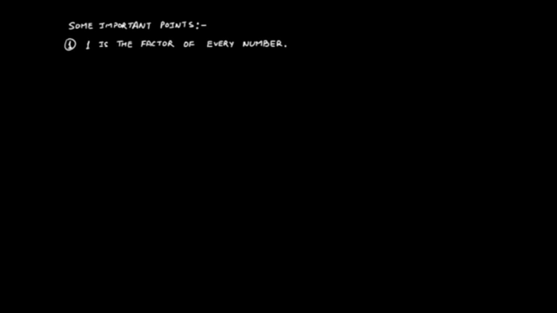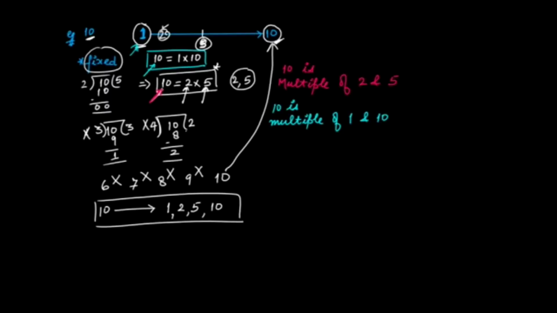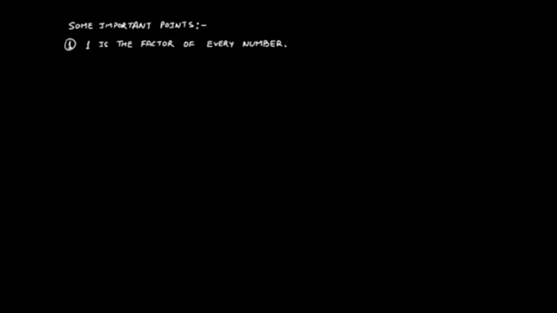If you remember, I told you there would always be two fixed factors: the number 1, and the next would be that number itself. In this example, we saw for 10 that 10 and 1 are the fixed factors.